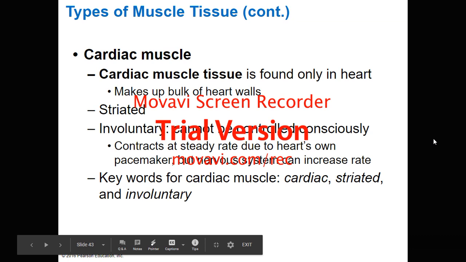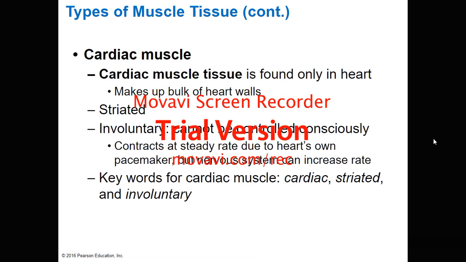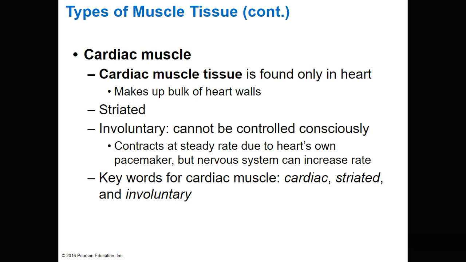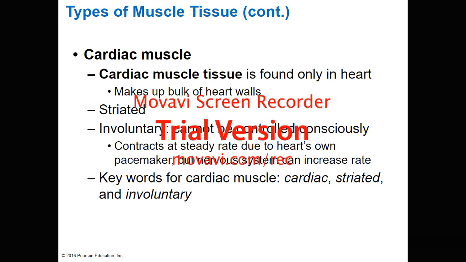Cardiac muscle tissue is only found in the heart. All right, it is striated too, but it is involuntary. So your heart has pacemaker cells, which create an electrical current that causes your heart to contract, and it does it without you thinking about it. It's involuntary.